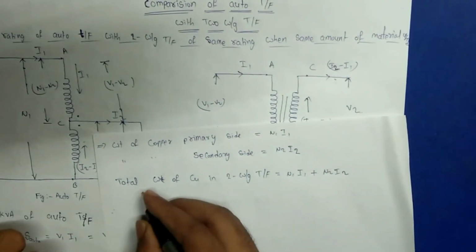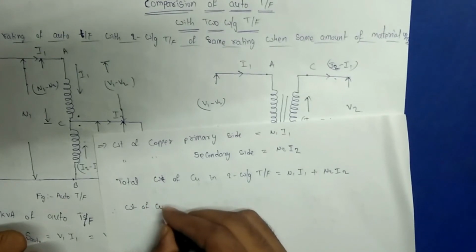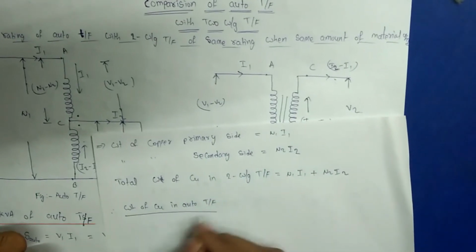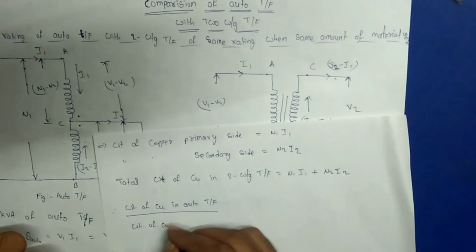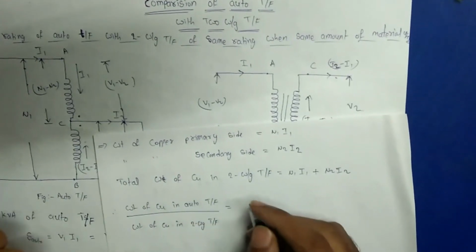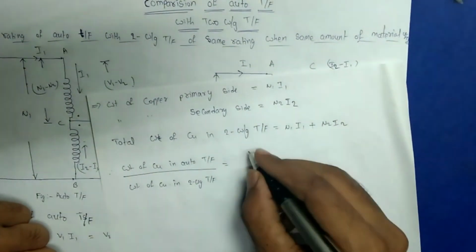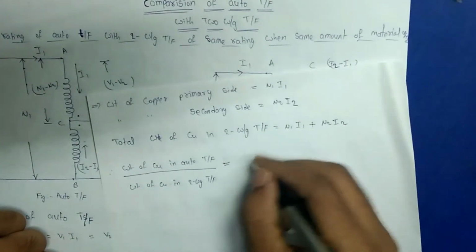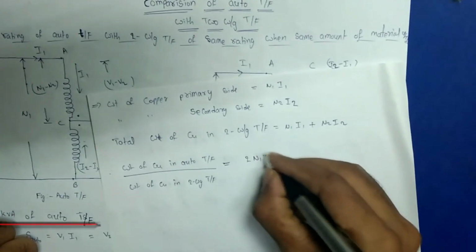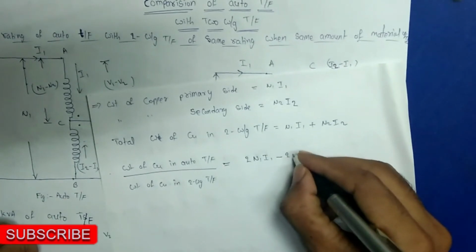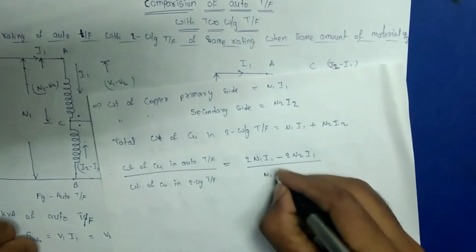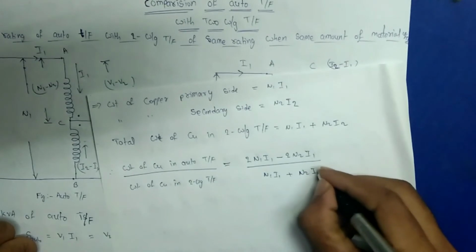Therefore weight of copper in auto transformer divided by weight of copper in two winding transformer is equal to 2 N1 I1 minus 2 N2 I1 divided by N1 I1 plus N2 I2.